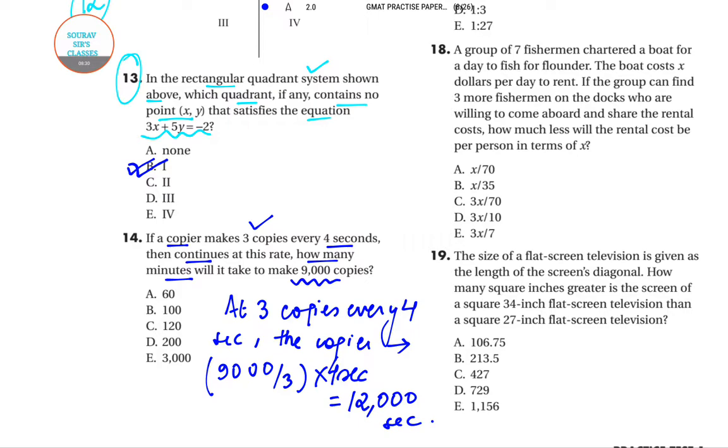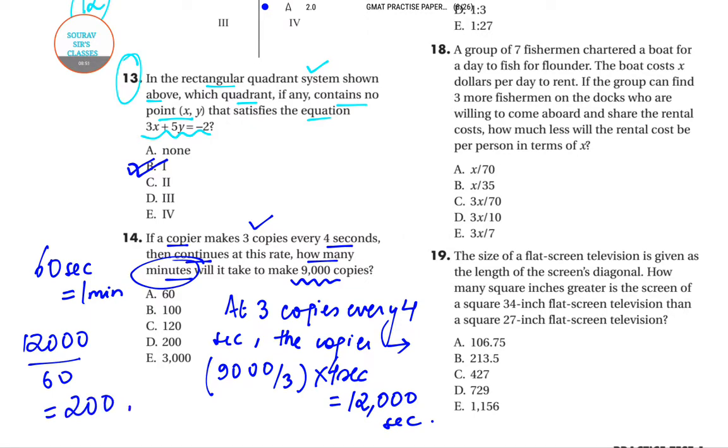There are 60 seconds in a minute, so if you want the answer in minutes, as they have asked, it will be 12,000 by 60, and this will give you 200 minutes. This exactly matches option number D. So D will be the correct answer to this particular question.